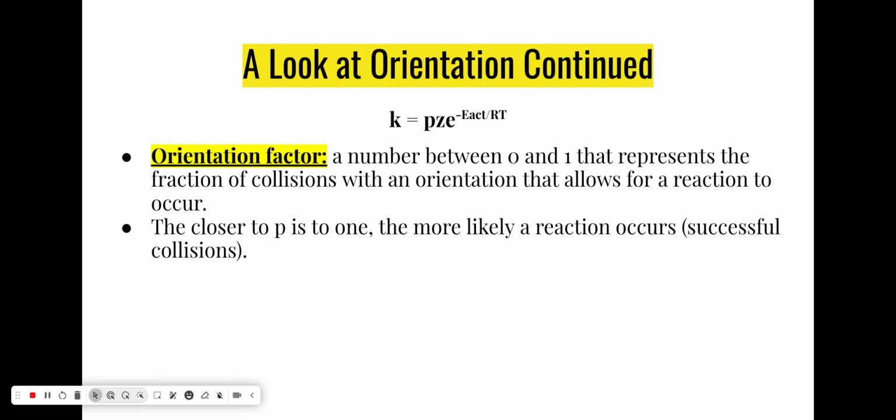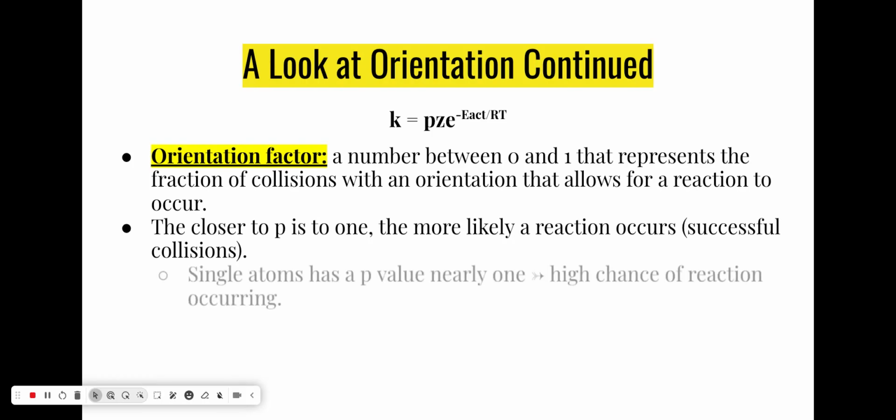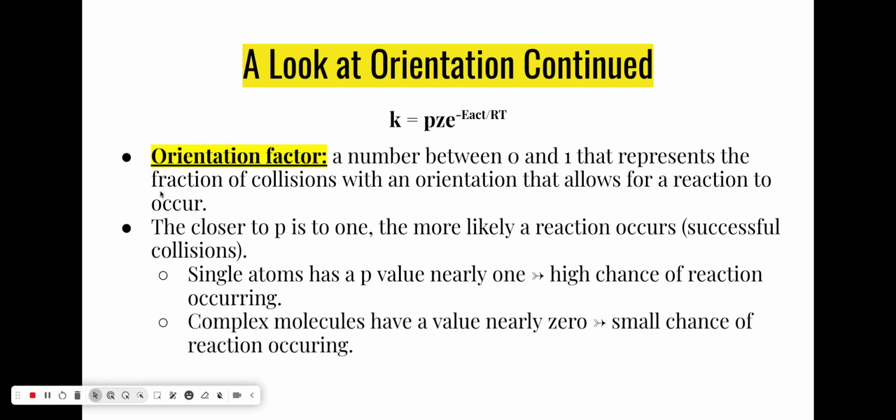So in other words, there are more successful collisions. Single atoms have a P value nearly 1, a very high chance of reaction occurring. So single atoms have the highest chance of reaction occurring. Complex molecules have a value nearly 0, which means that there's a small chance of reaction occurring.